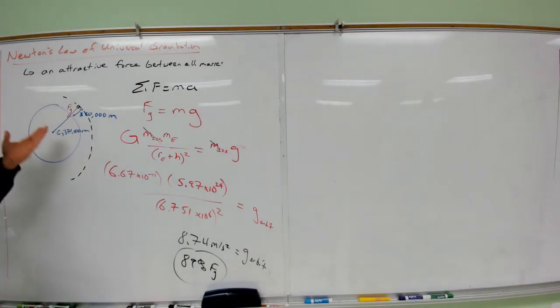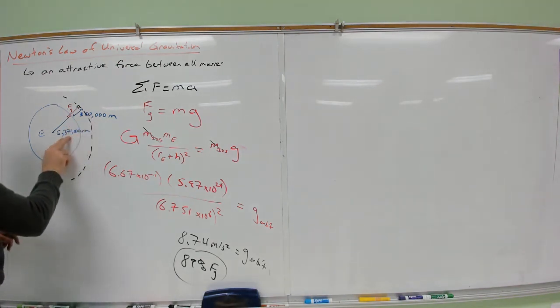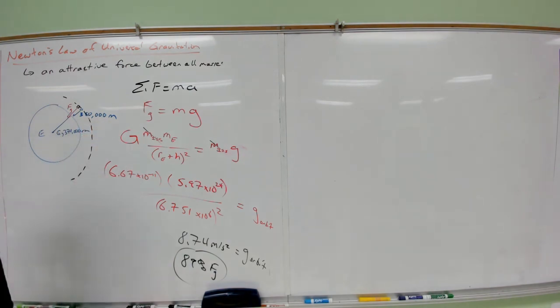It's not that they're far away. They're not that far away. 380,000 out of 6 million, you know what I mean? That's like what percentage of the radius of the Earth further out? If I wanted to draw this picture to scale, right?